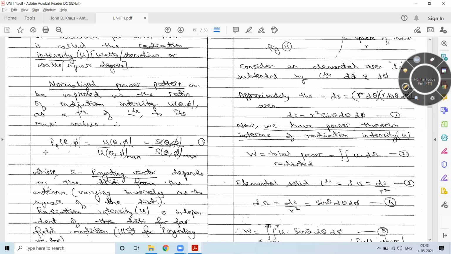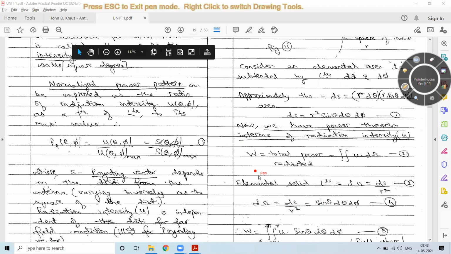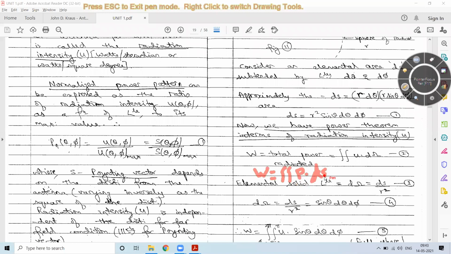Previously we had obtained the total power by referring to the power theorem. It is the integration of S, the power density, with respect to the small elemental surface area.